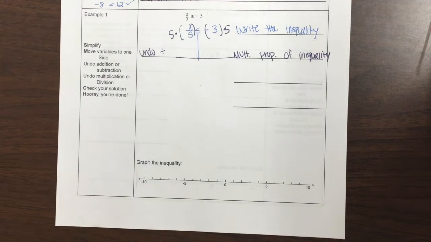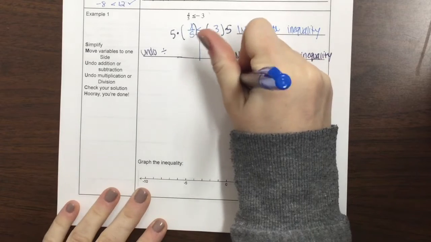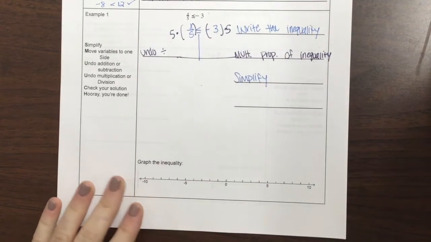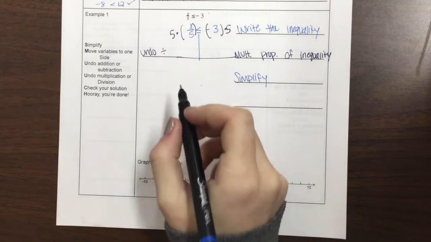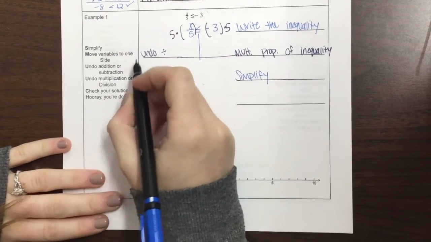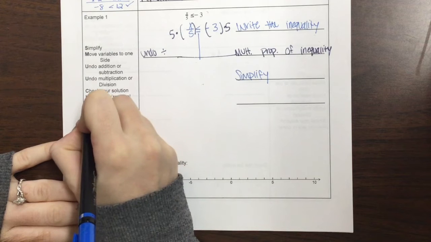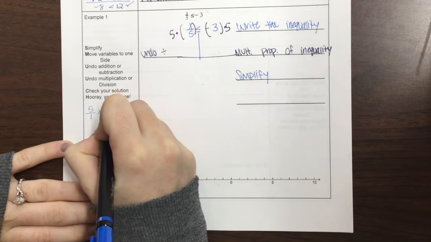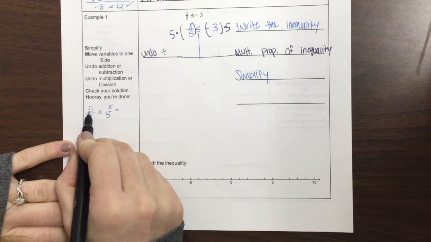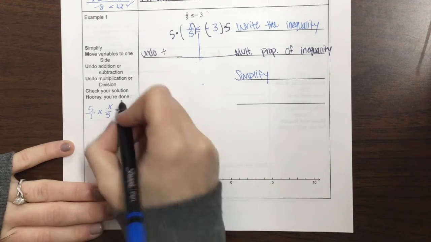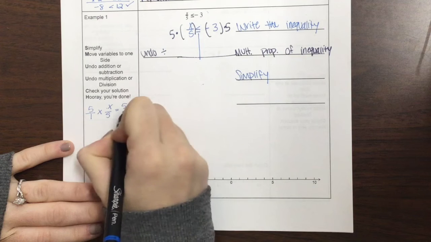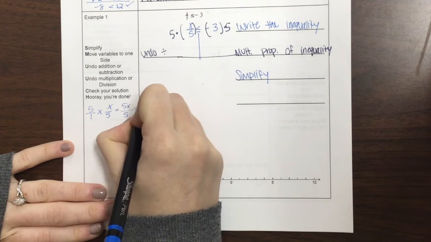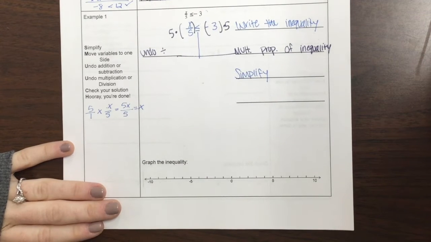So next I'm going to simplify, which just means that we're going to go ahead and do the multiplication. Real quick on the side, 5 over 1 times x divided by 5. 5 times x is 5x, and 1 times 5 is 5, and 5 divided by 5 is 1, so I'm just left with x.